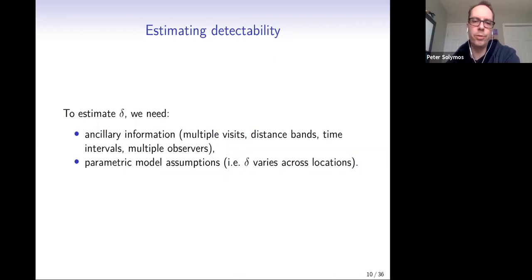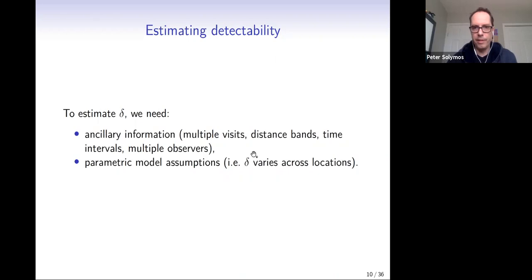And then you can deduce something about this delta so that you can estimate your true interest, which is N. Or you have the counts coming from different distance bands, the amount of individuals detected at different distances from the observer, or multiple time intervals, which we are going to talk a lot about today, like first minute, second minute, third minute, which individual was first detected in which interval, or where you have multiple observers at the same time repeating the counts.